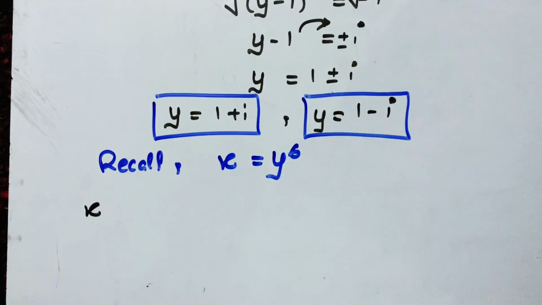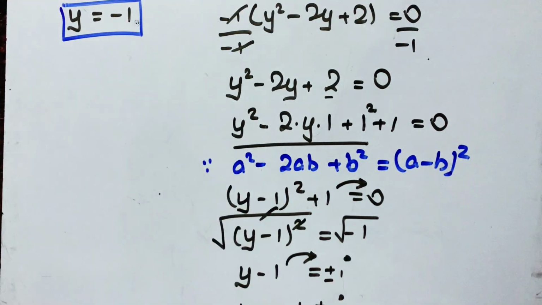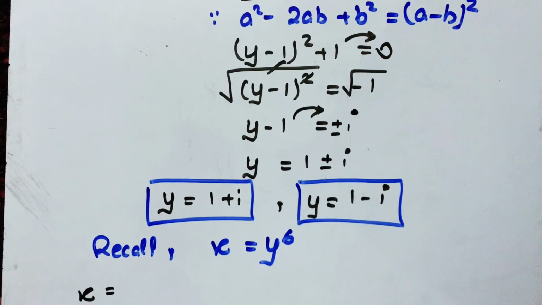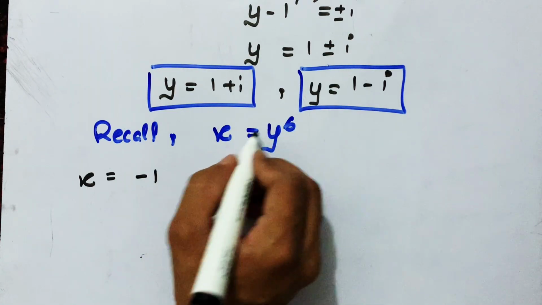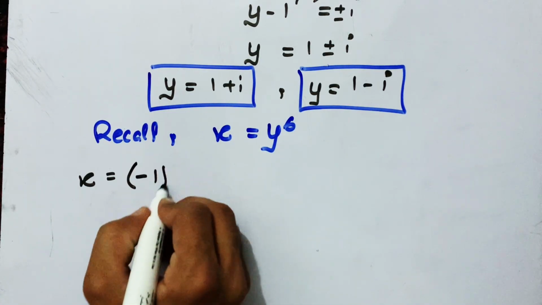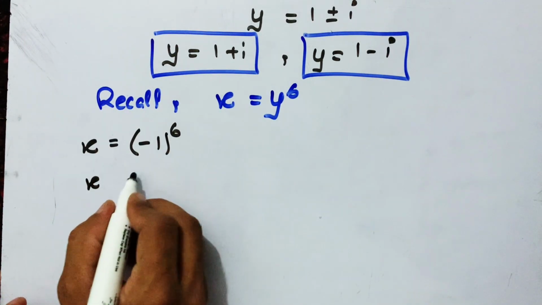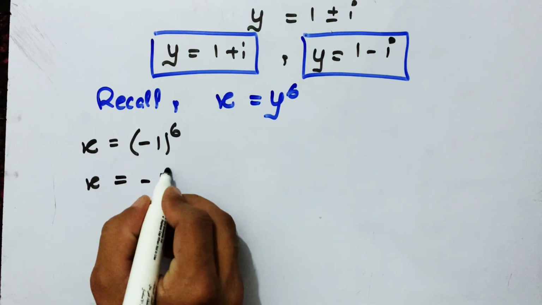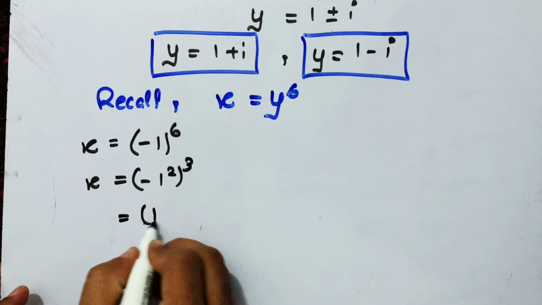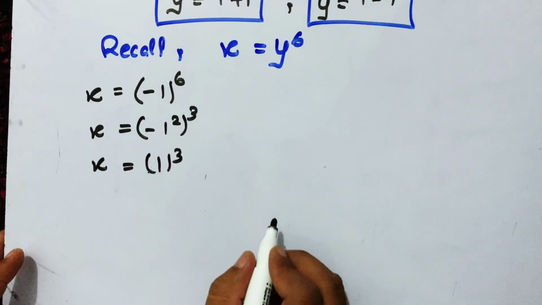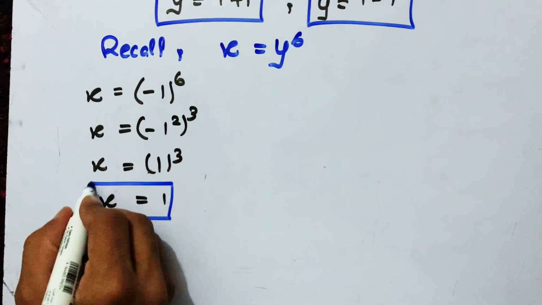As our first answer, y is equal to 1, so x is equal to 1 to the power of 6, which is 1. X is equal to 1 is our answer.